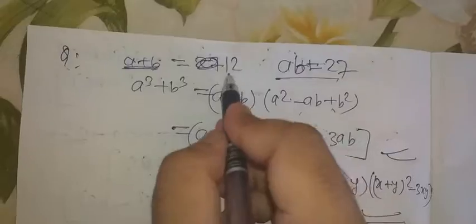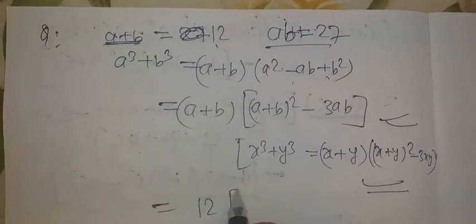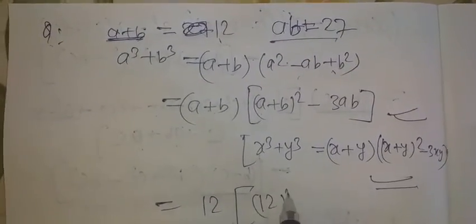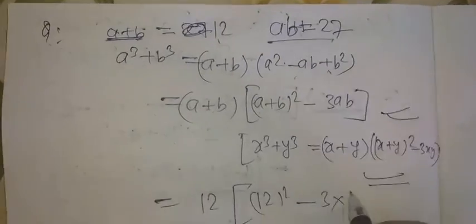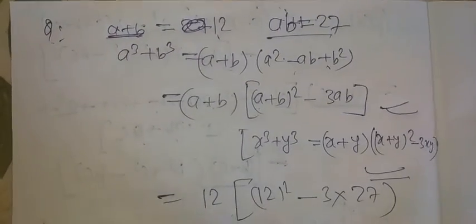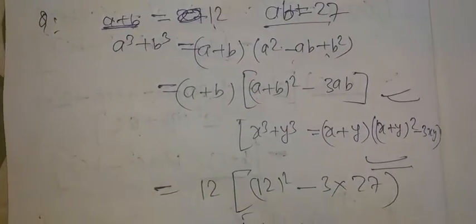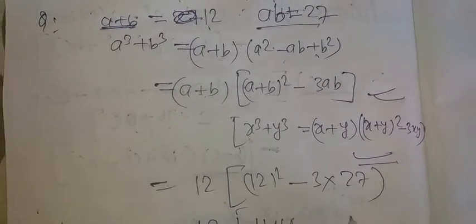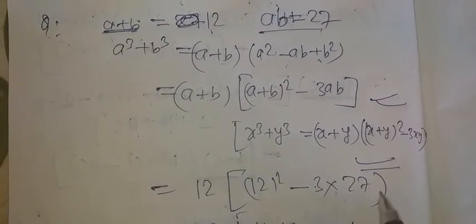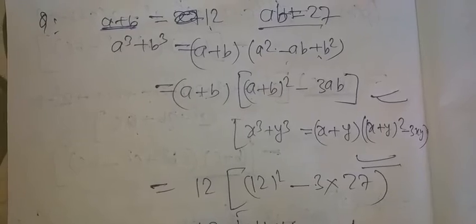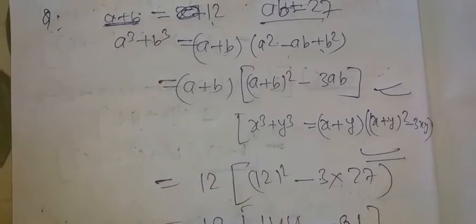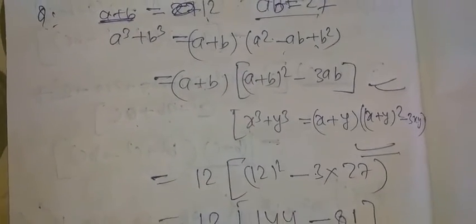A plus b value is 12, into 12 square minus 3 into 27. 12 square is 144, minus 3 into 27, that is 81.